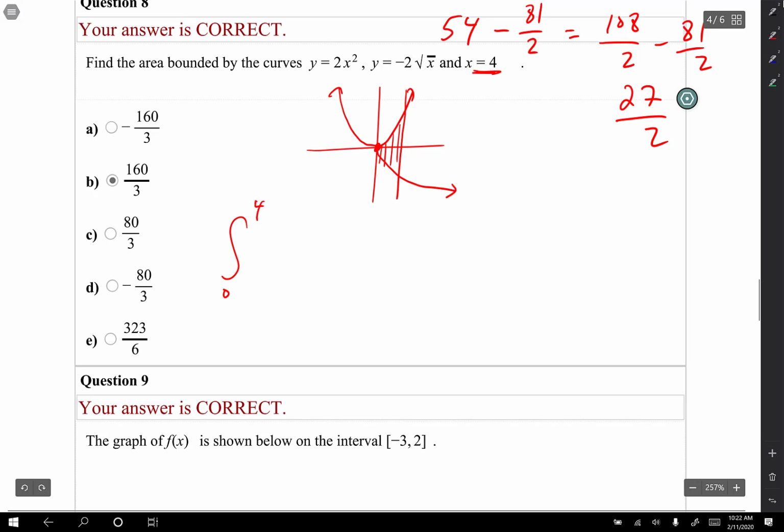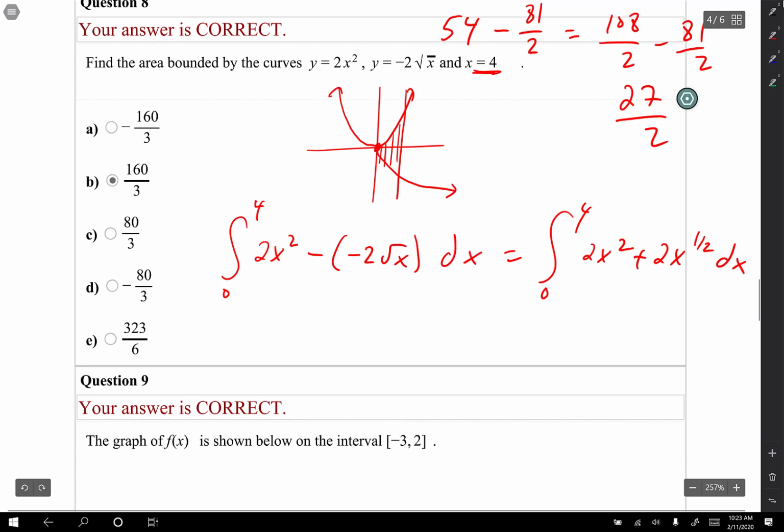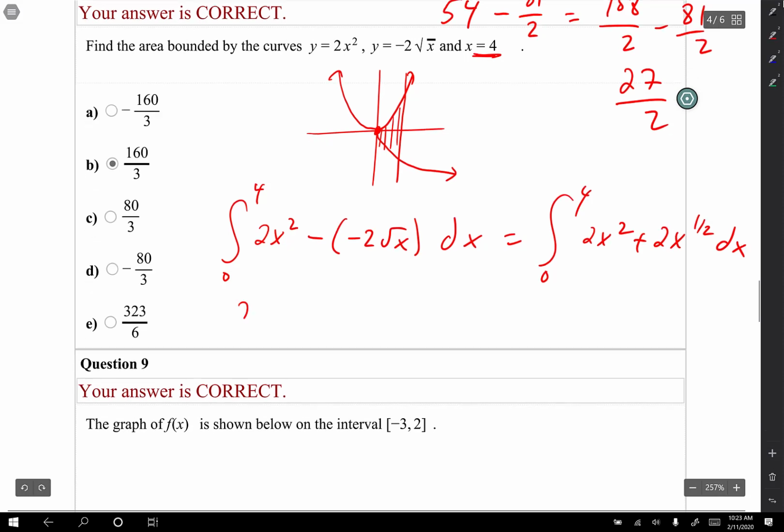And the graph on top is 2x squared, and I'm subtracting the negative 2 square root of x. So there it is. So I'm going to integrate 0 to 4 of 2x squared plus 2x to the half dx. I think we can do this by hand. So let's see, 2x cubed over 3 plus 2, leave a little bit of room, x to the 3 halves times 2 thirds.